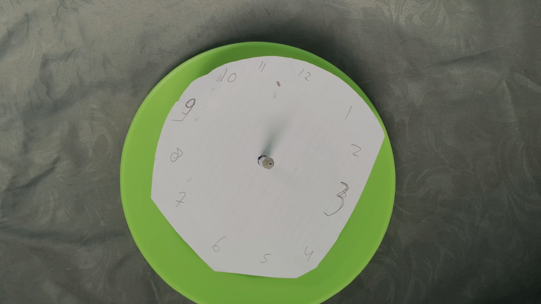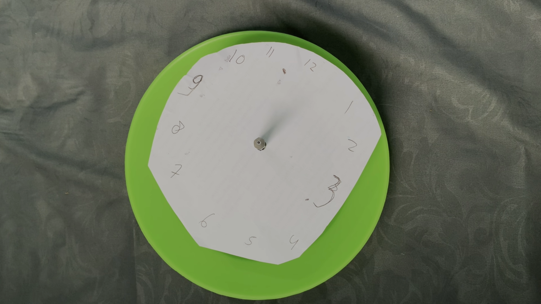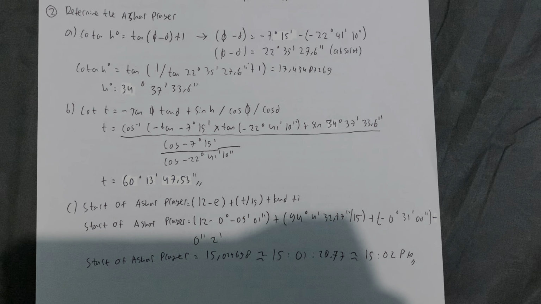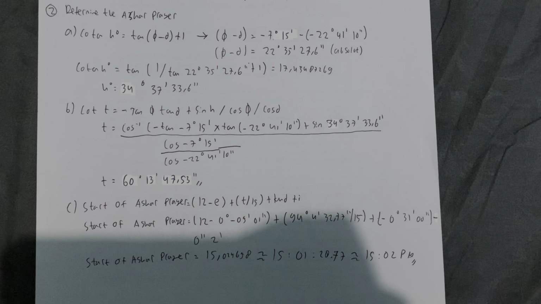So after that we continue to the calculation with the Falaksari and combine it with the Sundial method. After we find the Asar prayer with the Sundial method, we continue to determine the Asar prayer by calculation. So the first one, we find the cotan of h.